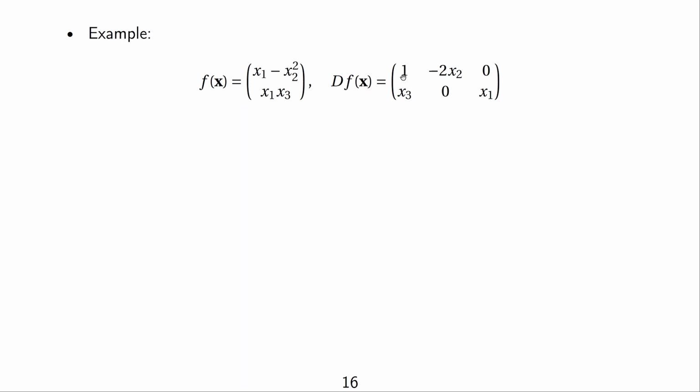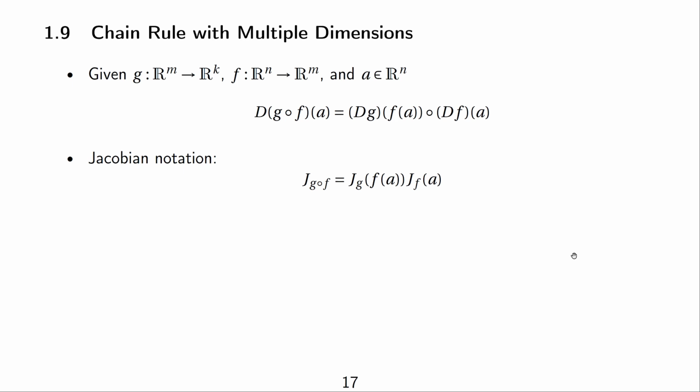So, for example, this element 1 here is how the first output depends on the first input. So this is partial x1 of this expression here. So this is 1. This is how the first output depends on the second input. Okay, this is this. So 2 minus 2 times x2, this is correct. And how does the first output depend on the third input x3? It doesn't depend on it at all, so we have a 0 here.